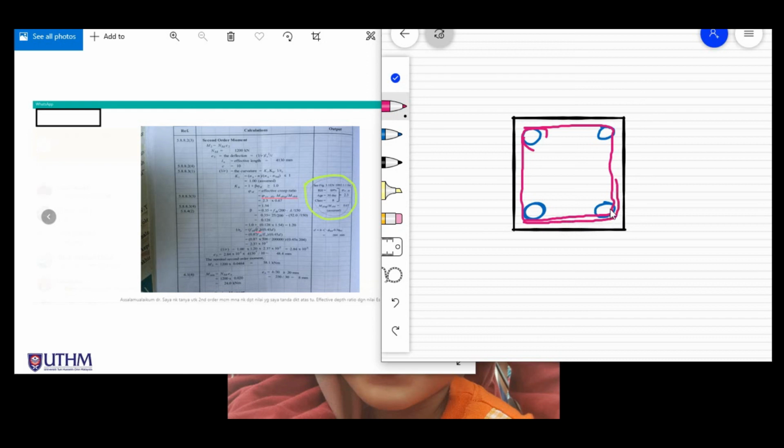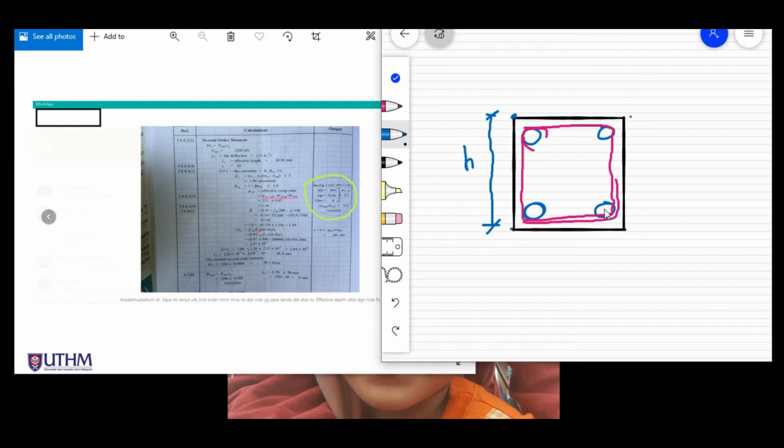To calculate the effective depth for the column, this one here is h, the total depth from this point to this point.